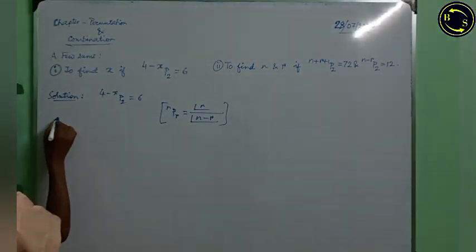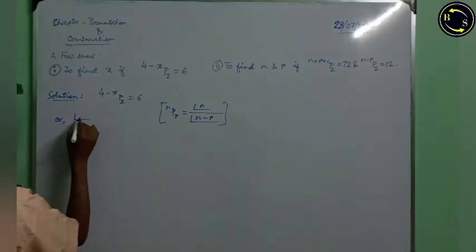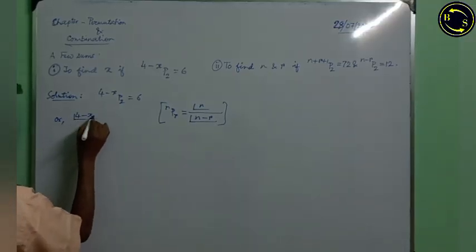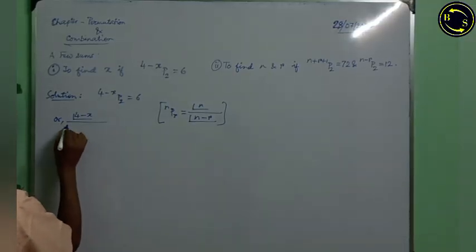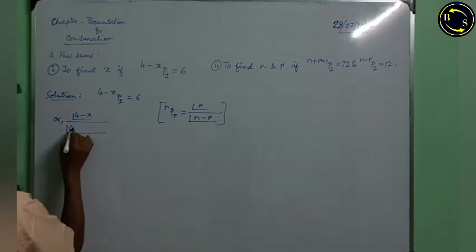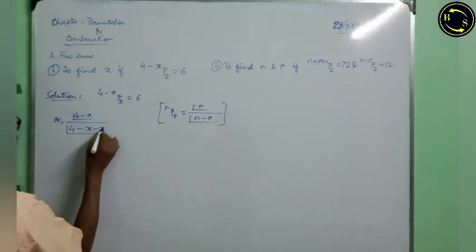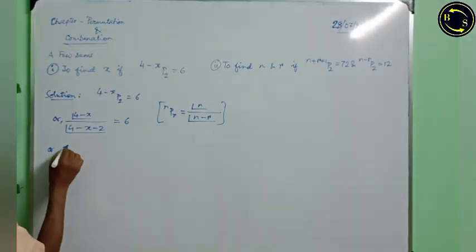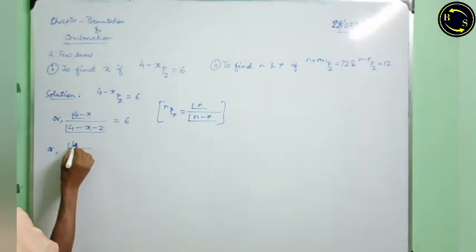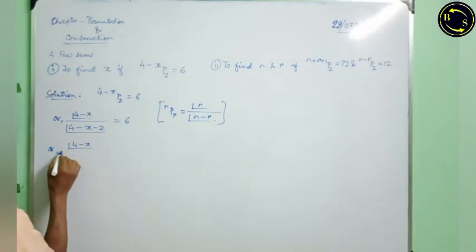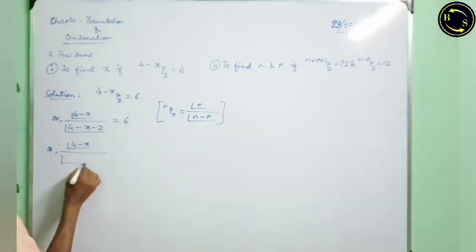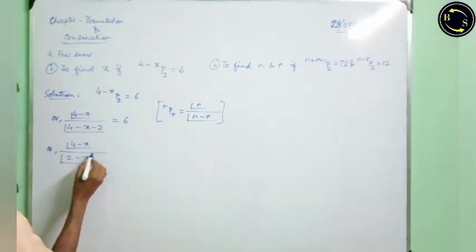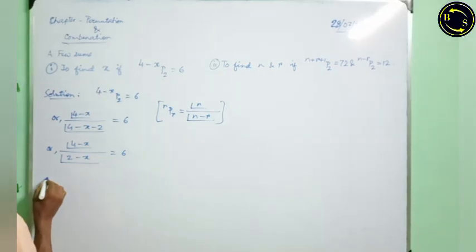or factorial 4 minus x divided by factorial 4 minus x minus 2 is equal to 6, or factorial 4 minus x by factorial 2 minus x is equal to 6.